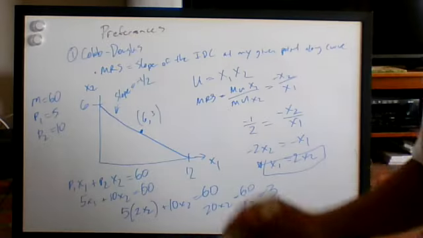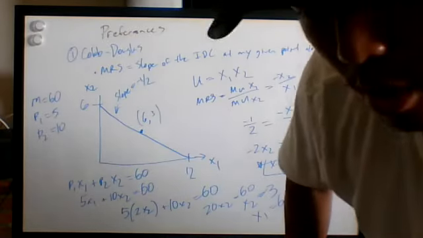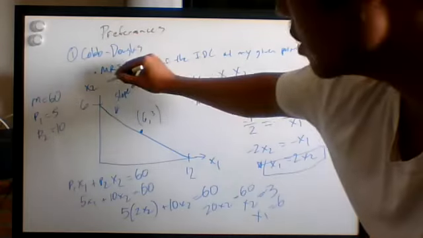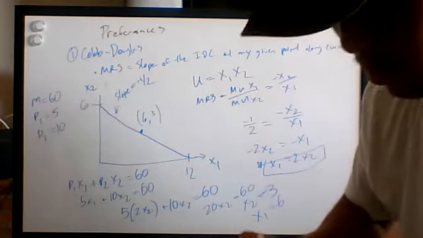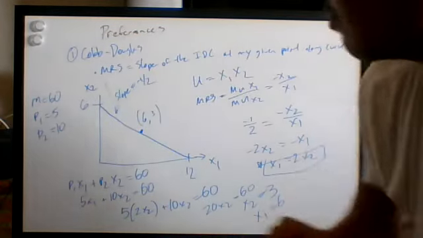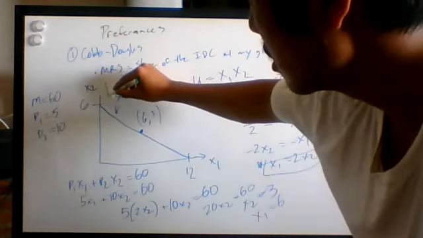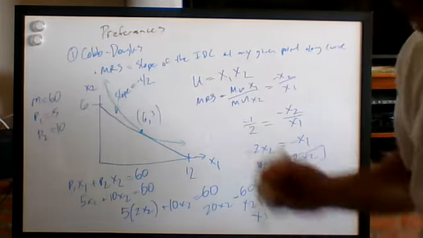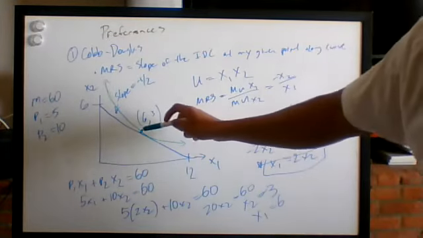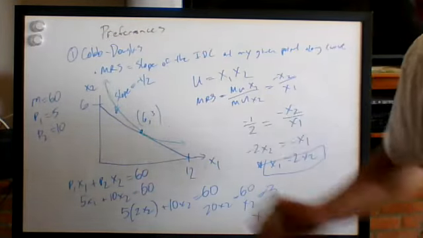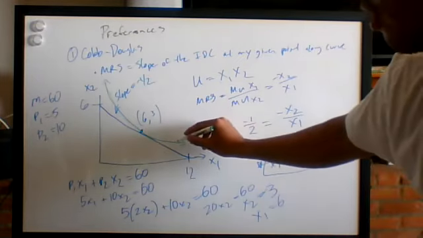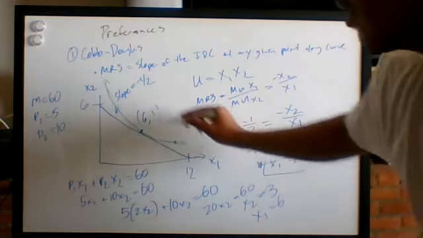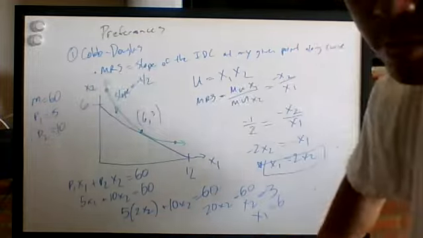I like the way you're thinking about it, but remember the Cobb-Douglas is shaped like this, and I'll use green. Cobb-Douglas is shaped like this, and so essentially the MRS is -1/2, but it's specifically -1/2 at this point right here, right? So it won't always be -1/2. It won't be -1/2 at this point, and it won't be -1/2 at this point.